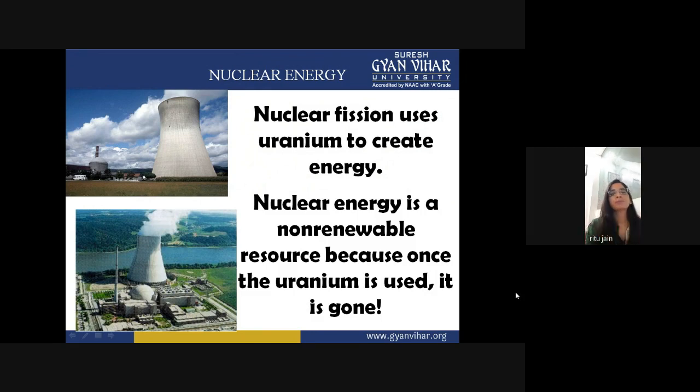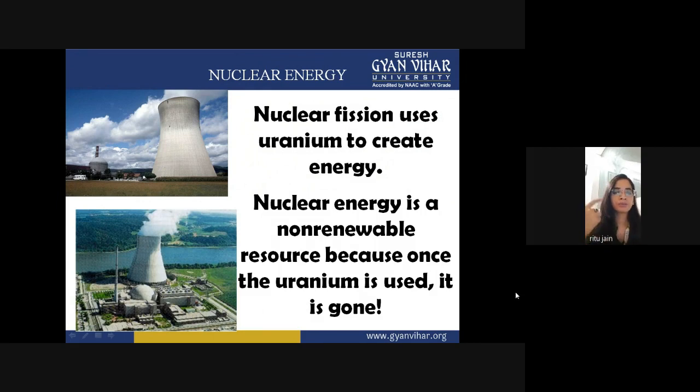So the energy of steam is converted into mechanical energy. Then this mechanical part, which is your turbine, is connected to the generator. When the turbine rotates, on the same shaft the generator is also connected with the turbine.